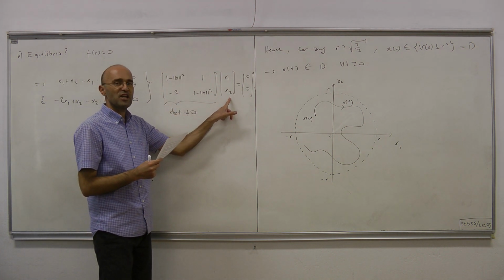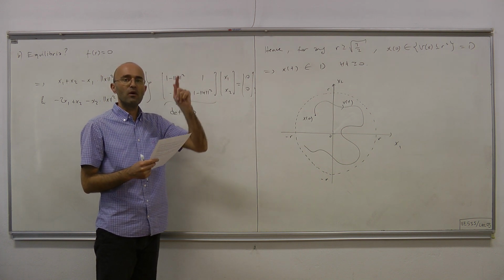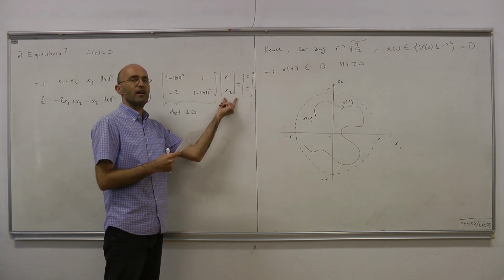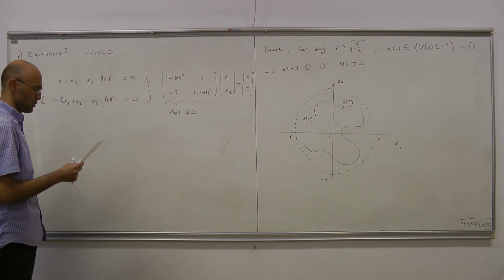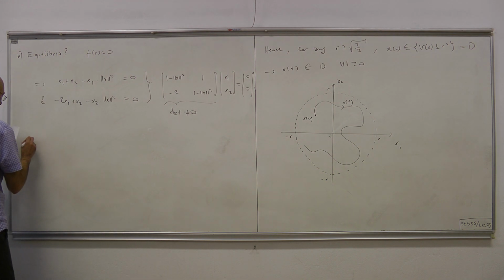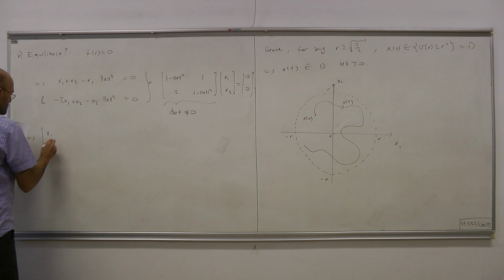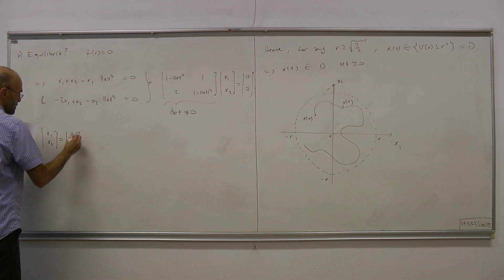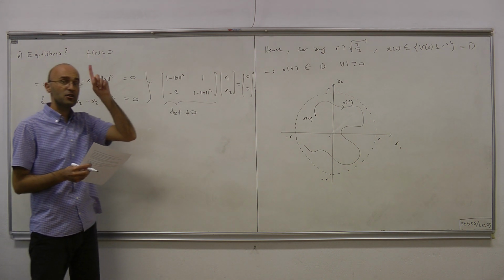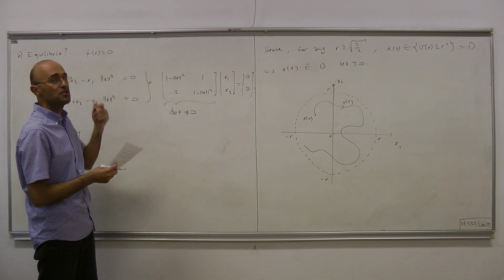An invertible matrix times x1, x2 equals 0 means only one thing: that this vector x1, x2 must be 0, 0. So this has just one solution, and that solution is the origin.